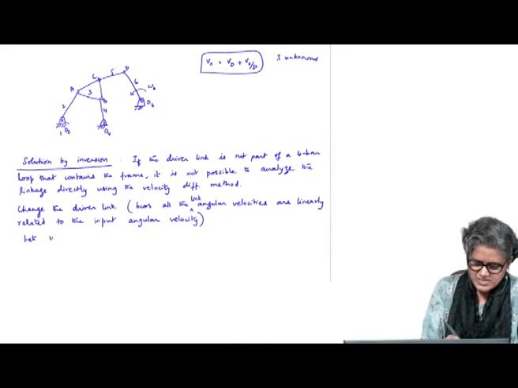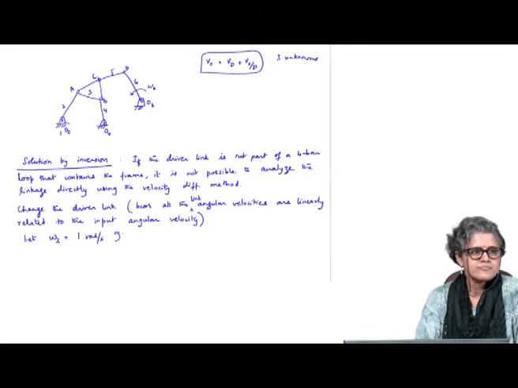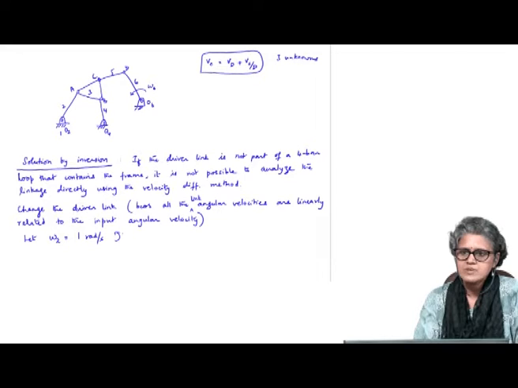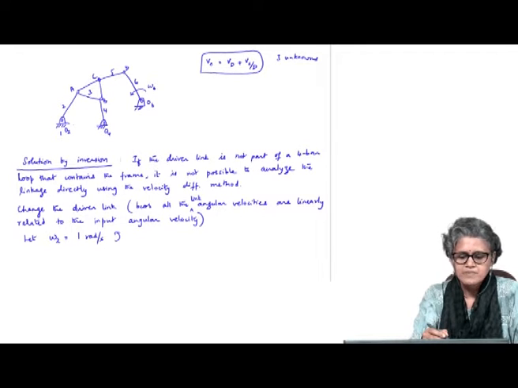So let's say I let omega 2 equal to 1 radian per second, counterclockwise. Instead of omega 6 being my input, I say omega 2 is my input. Now can I solve the linkage? Straightforward, right? Because this is a 4-bar loop with the frame as one of the links in the loop.